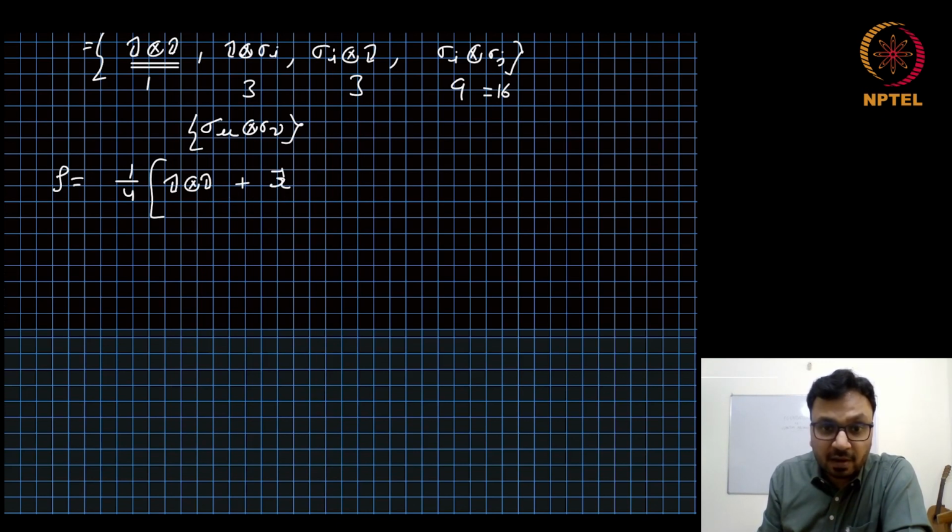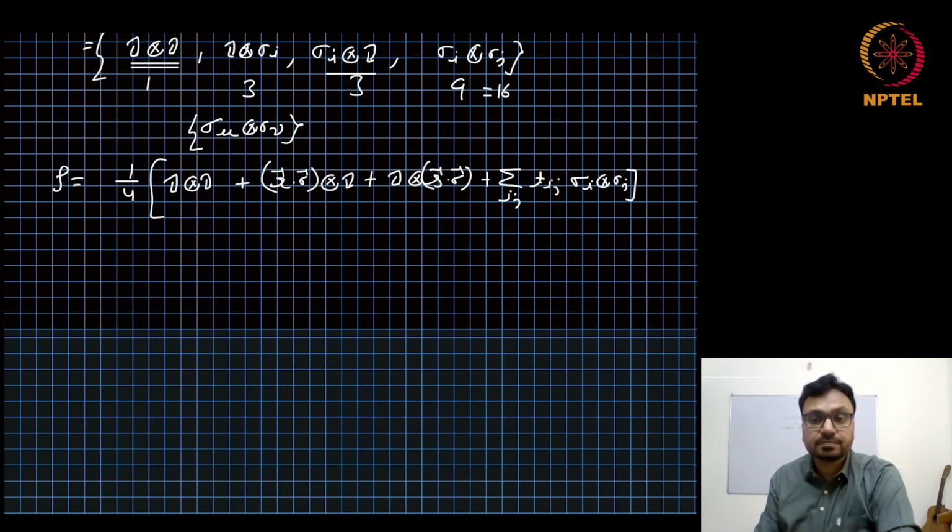Then we can have r dot sigma, that means r_x sigma x plus r_y sigma y plus r_z sigma z, tensor identity. So we have taken these terms and combined all of them in one expression. We can do the same for the other qubit, and we can write the sum of t_ij sigma i tensor sigma j.